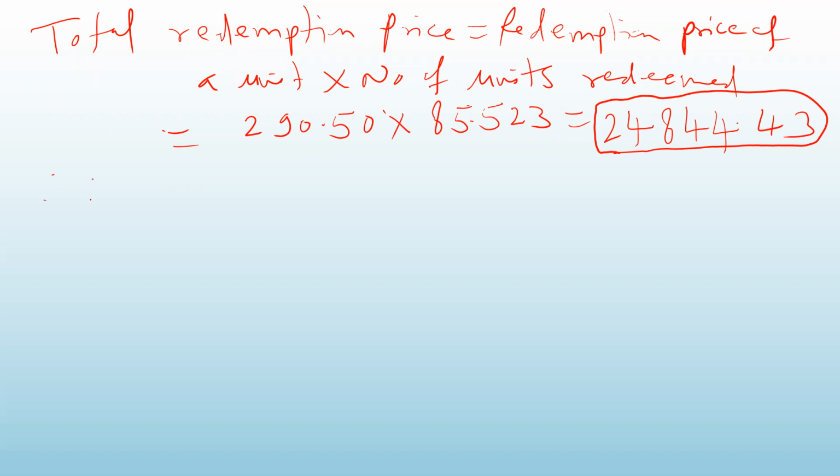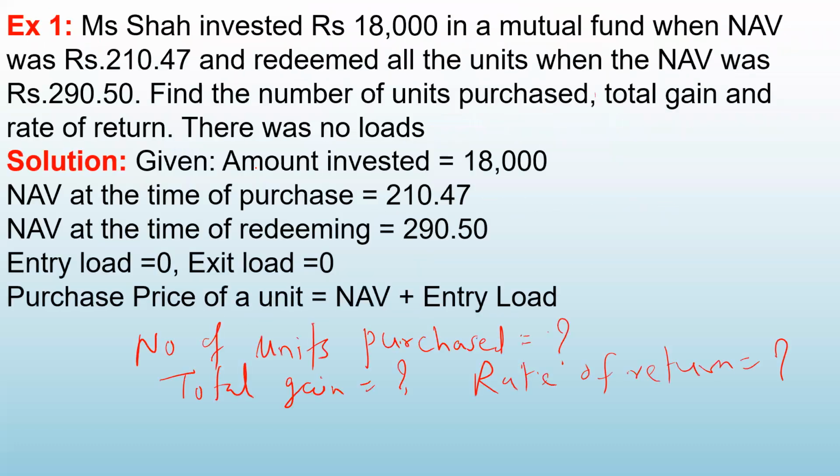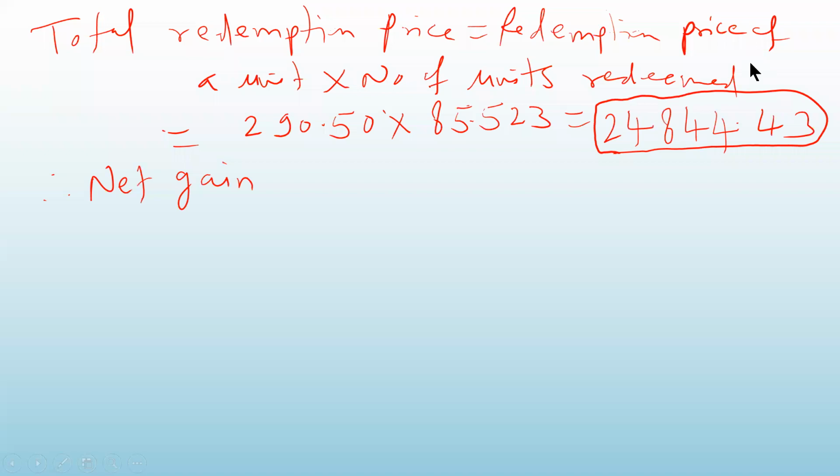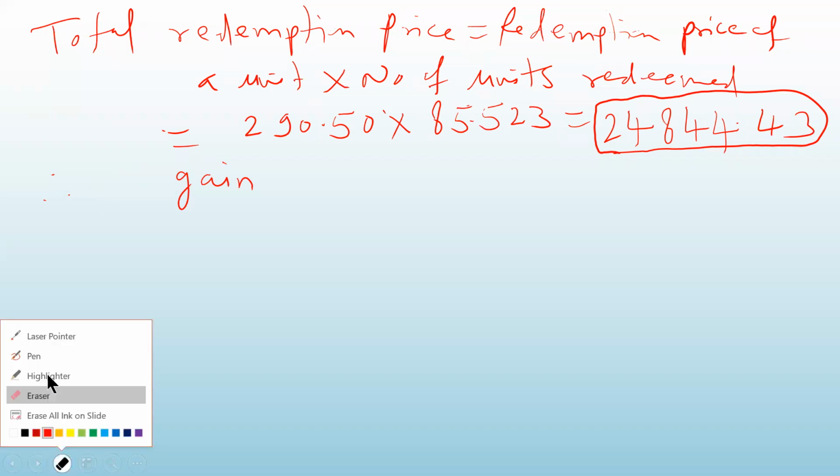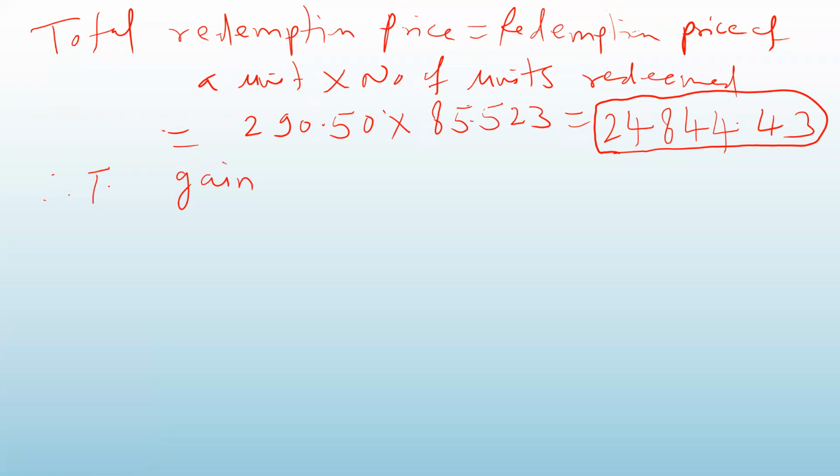So what is his net gain? Net gain or net profit is equal to, here the word they are using in the formula is total gain. So we use the same, total gain. Therefore, total gain is equal to amount received minus amount invested. Amount received is the same as the total redemption price, the redemption amount.